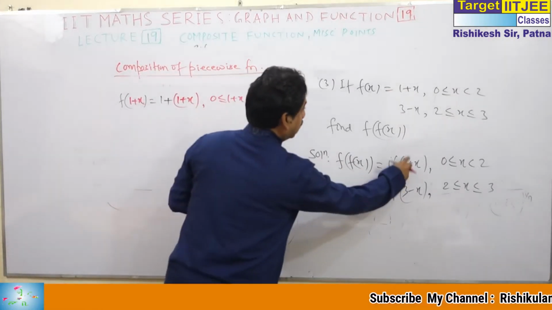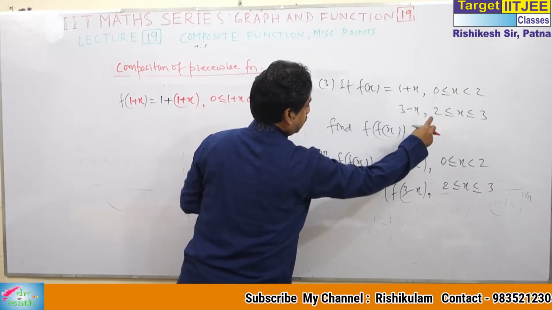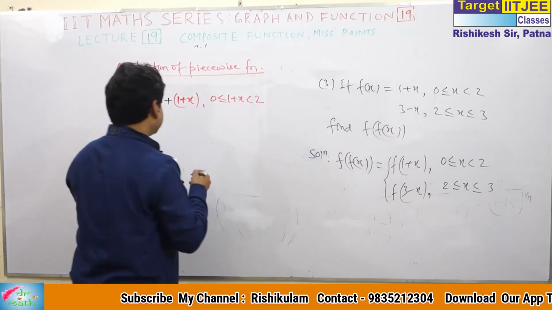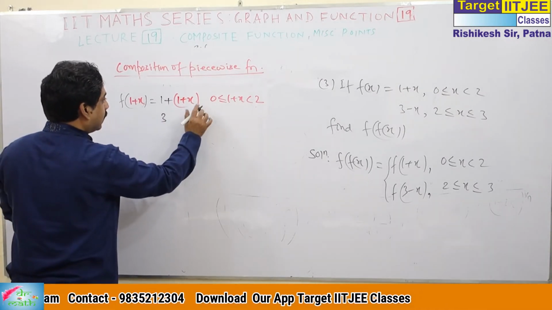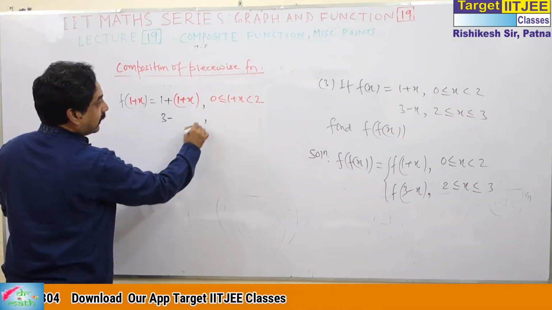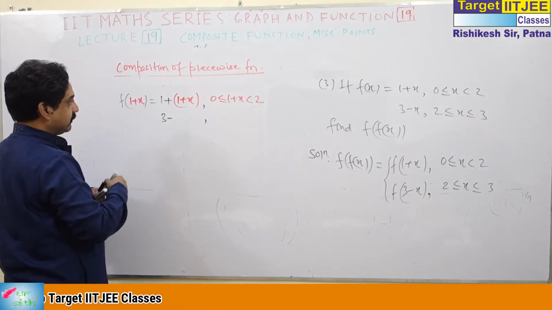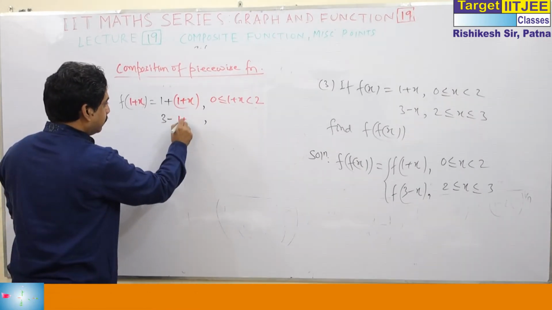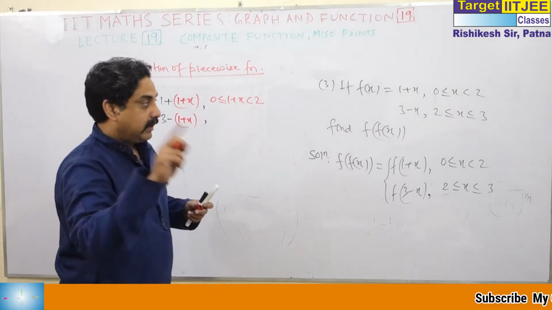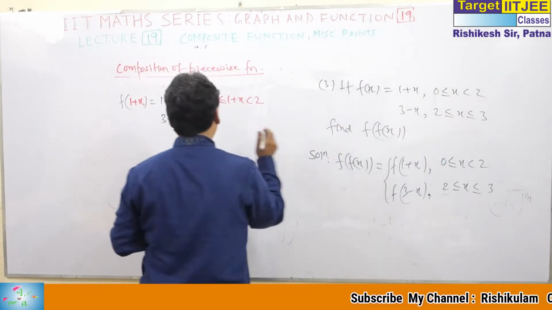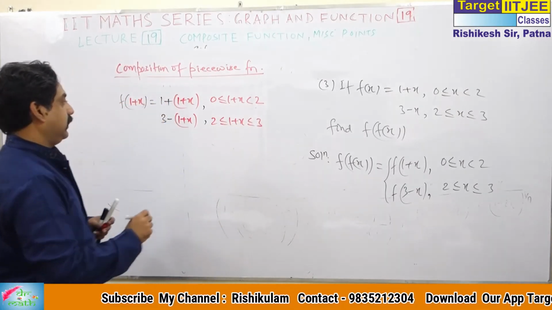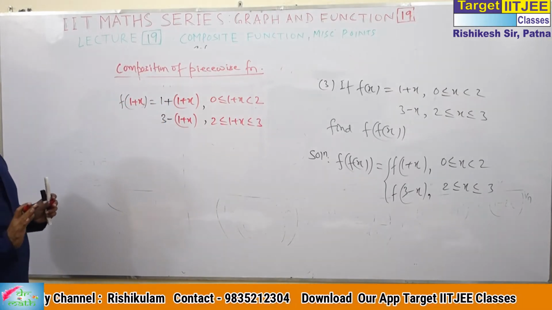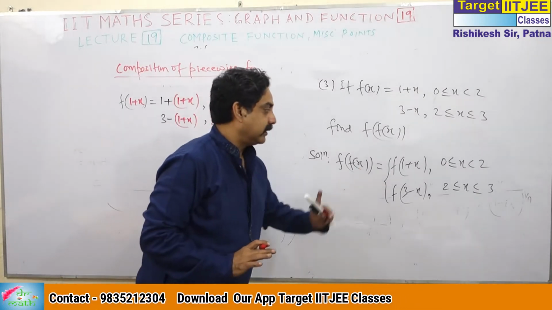Here for x I will write again 1 plus x. So this is 1 plus x. And along with this I will also write 2 less than equal to 1 plus x less than equal to 3. Okay? Now I am just handling this one.